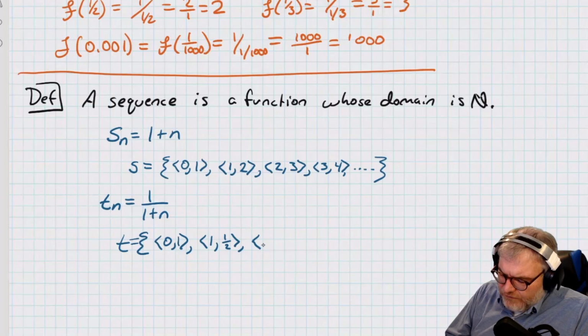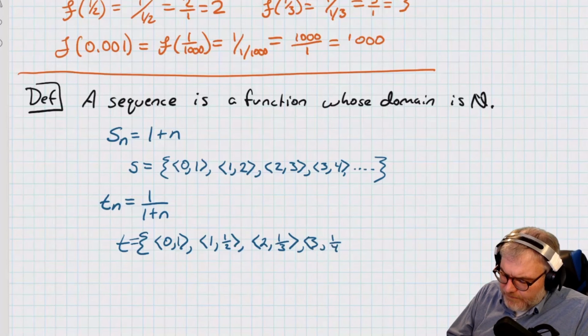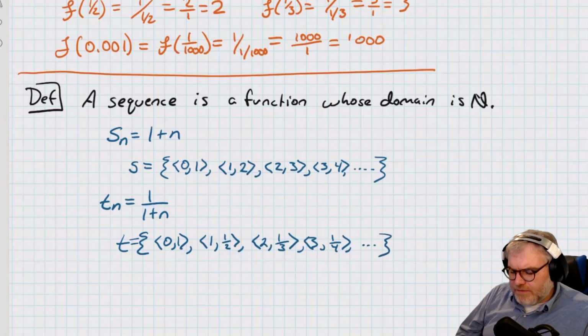Here I'm going to have 2, which is going to map to 1 over 3. 3 is going to map to 1 over 4. And so on and so on and so forth. It's just a sequence.